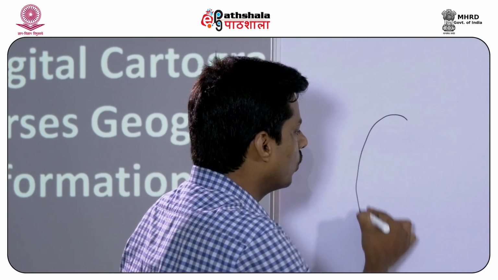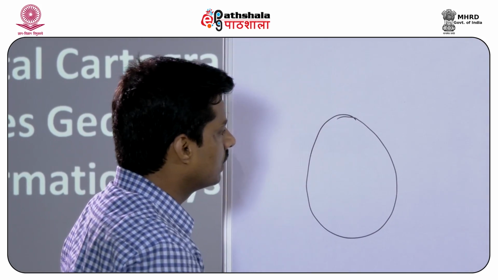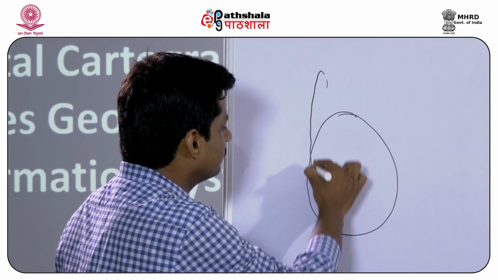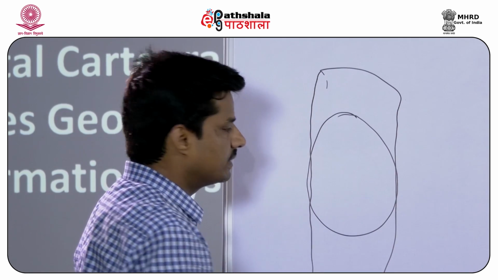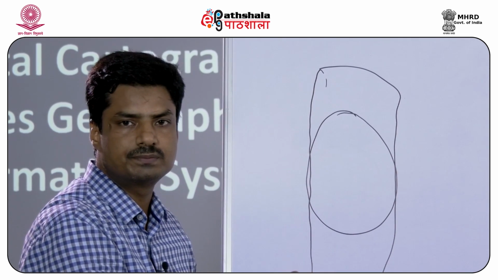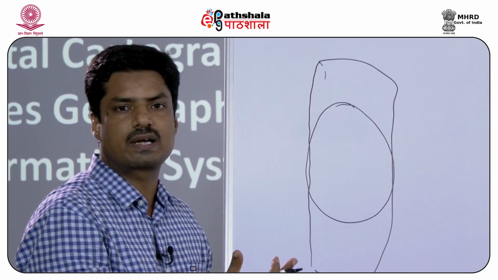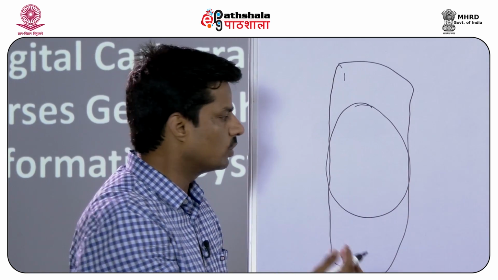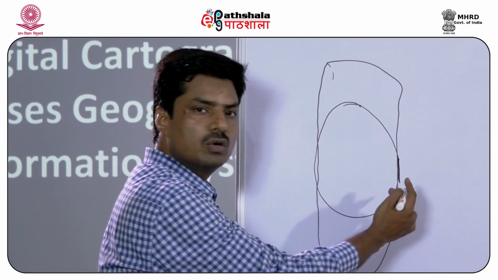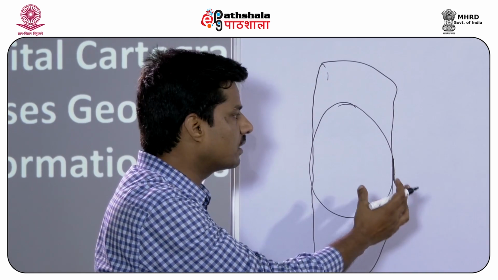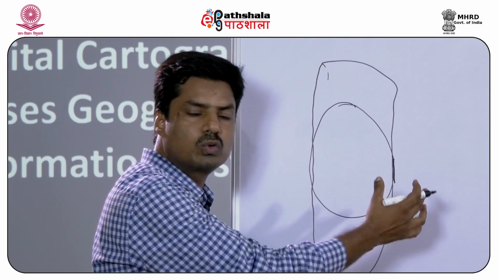Here we have the globe, and here we have a cylinder, and we place this globe into the cylinder. But in this projection, the area tangent near the equator is only true to scale, but away from it, it is not true to scale.